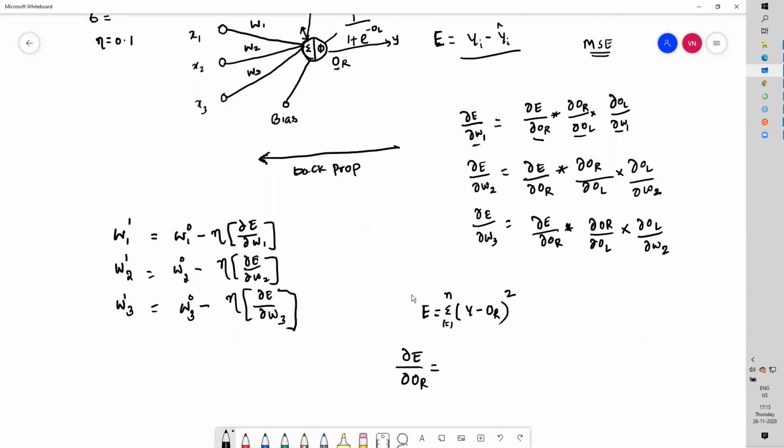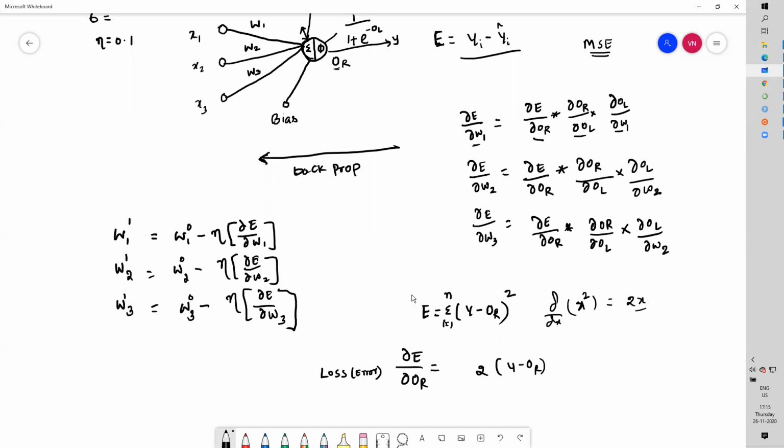Let's say we use the chain rule to derive this. Let's call this the loss of error here. So this is like 2 times y minus output. Think of this as x square. What is d by dx of x square?